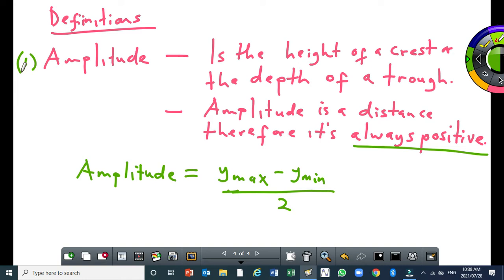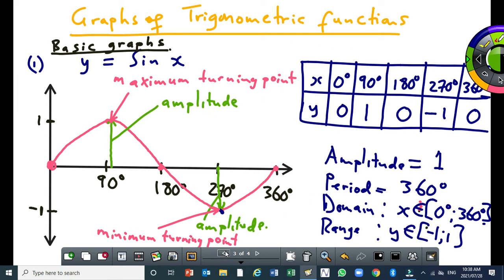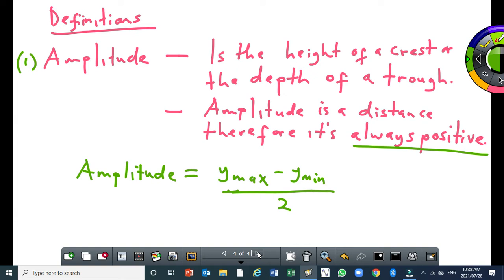You can also find the maximum value of y and the minimum value of y, subtract the minimum from the maximum, and divide the answer by 2. For this graph, the minimum is -1, maximum is 1. So 1 minus -1 all over 2 will give you 1. I'm going to use it later on when I do more examples.